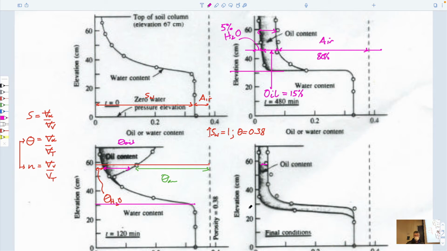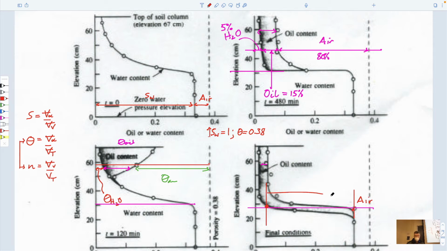And so now, I suppose, if you chose an opportune location to draw a line through, then you directly see what those proportions are. So this would be air. This intercept here and here, right?